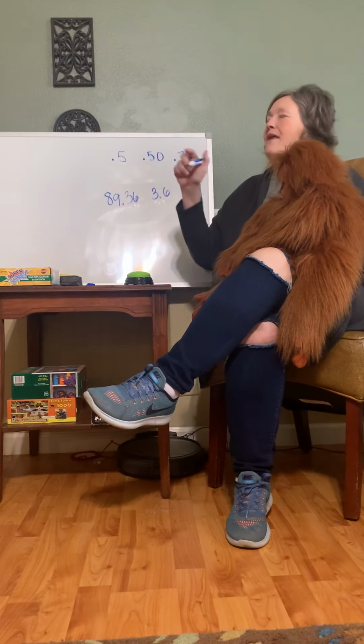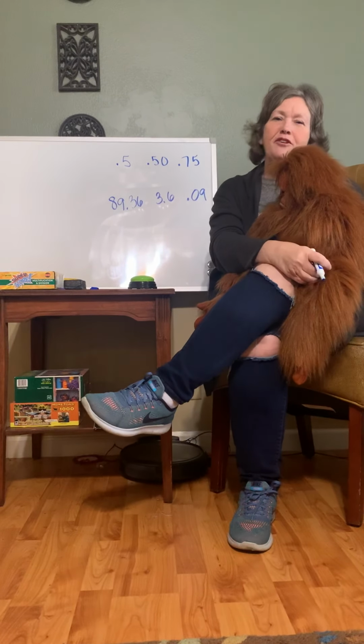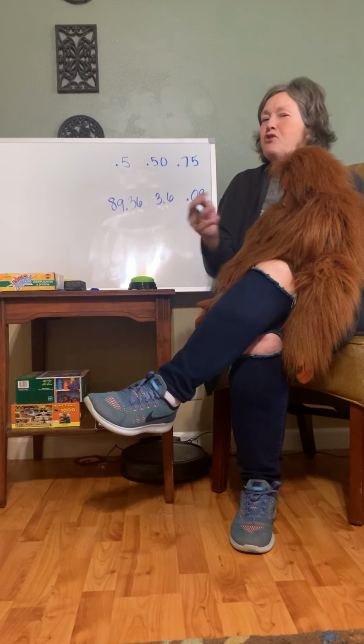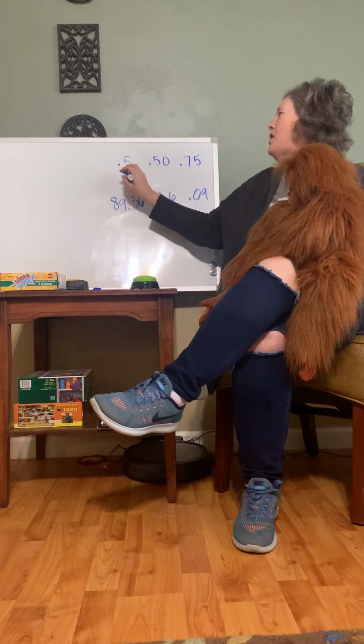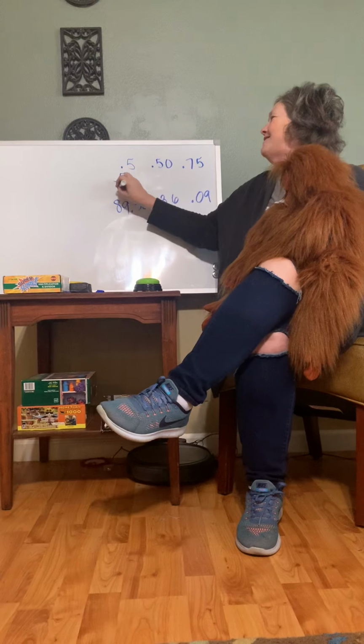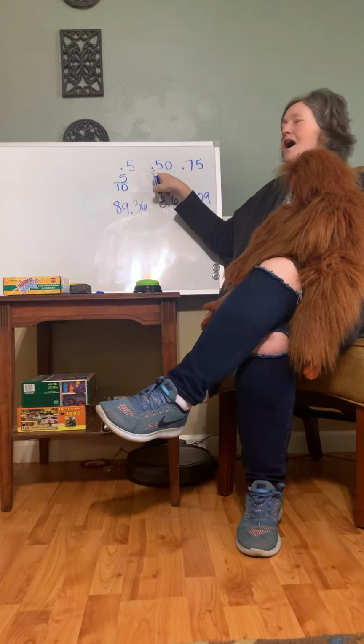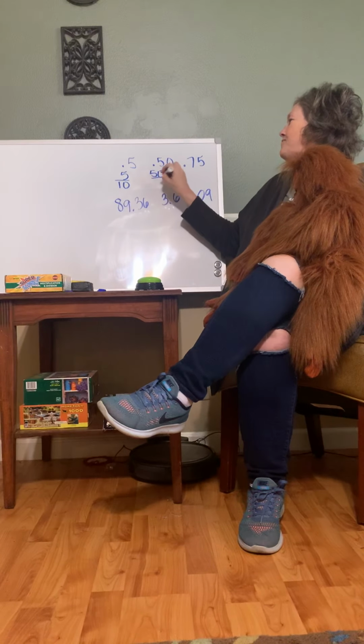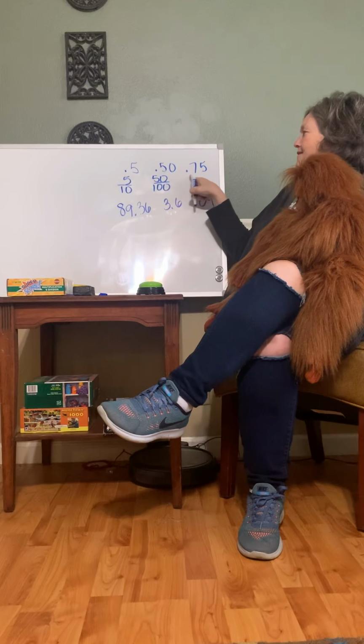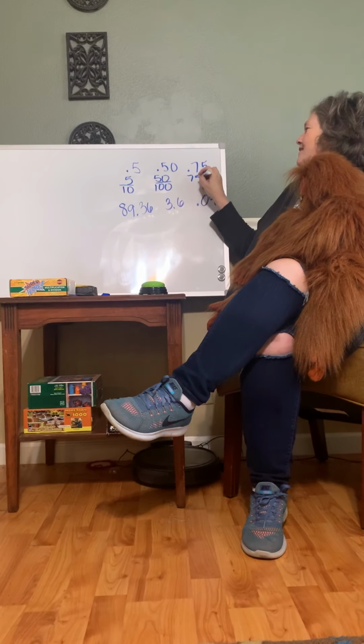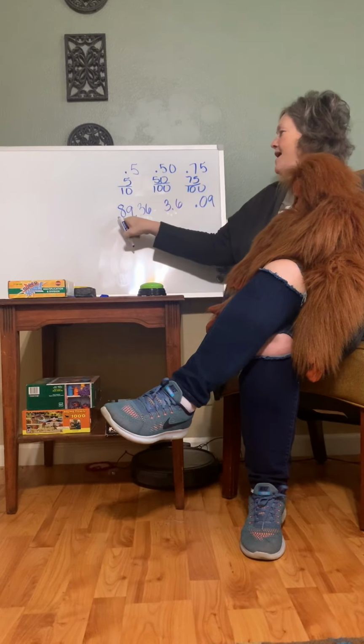So I'm going to go back and write these as fractions. I know you can do this in your head, or if you've got paper and pencil and want to write them down, you can. Here we go. 5 tenths, 50 hundredths, 75 hundredths, 89 wholes.